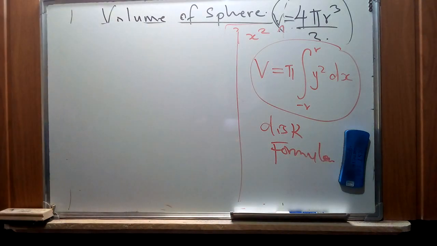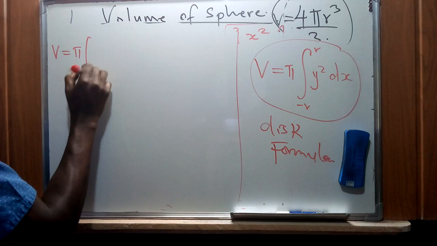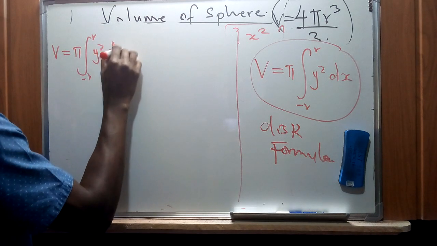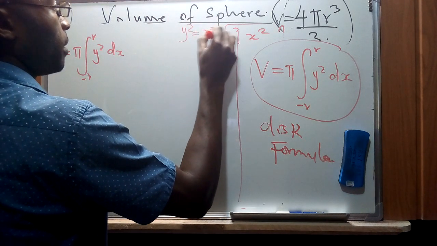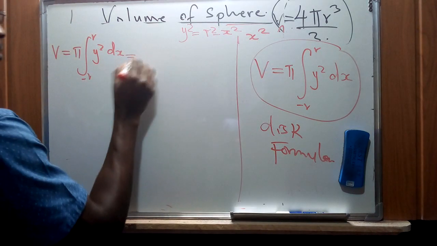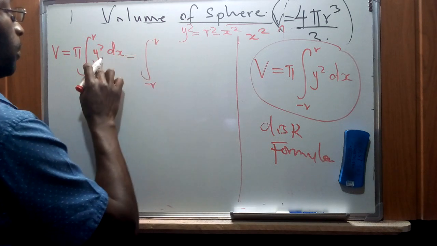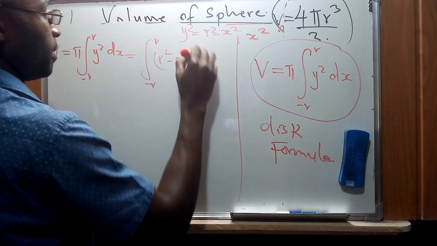We can use integral calculus to find out how it can be represented. Therefore, V equals pi times the integral from negative r to r of y squared dx. Substituting y squared equals r squared minus x squared, we have the integral from negative r to r of r squared minus x squared dx.